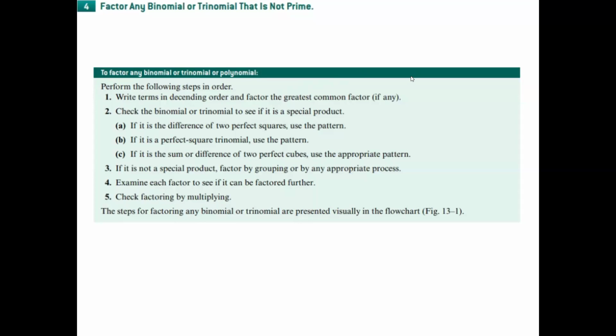Maybe we take out a common factor with a negative sign. It depends on the situation. Then we recognize one of the three formulas we learned, and if they are there, we use them. If they are not there, we use that trick with multiplication AC and finding multiplication factors.